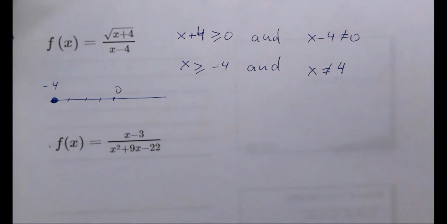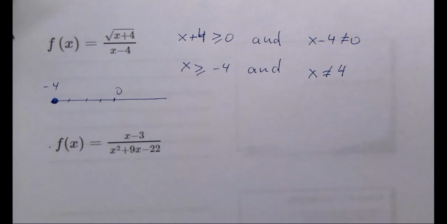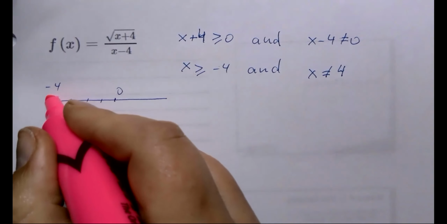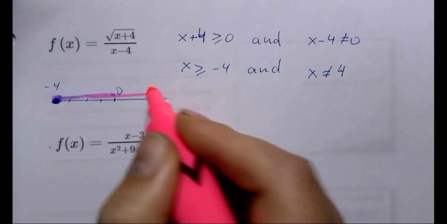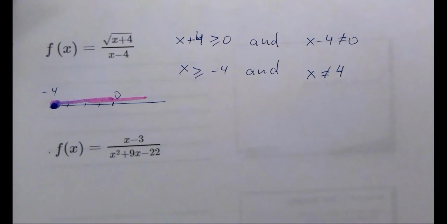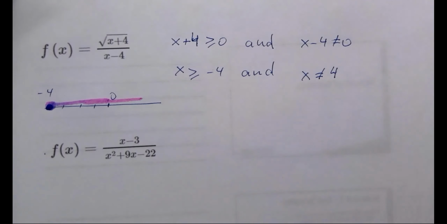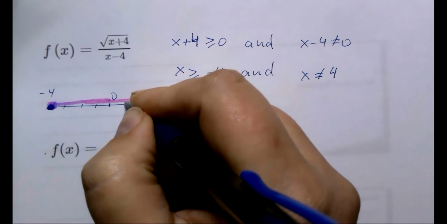So let me use a different color right here, and it goes to the right of negative 4. However, at the same time, it says that x is not equal to 4. So 1, 2, 3, 4.